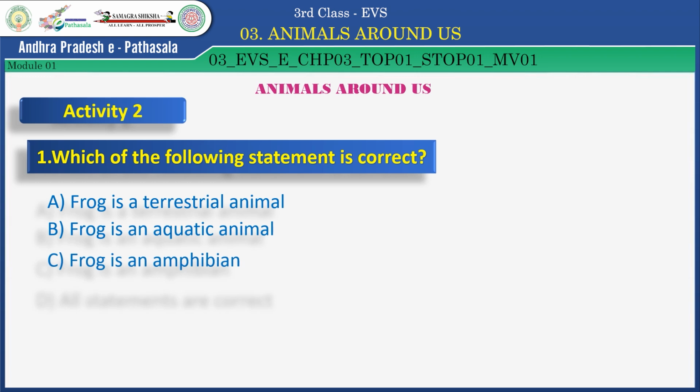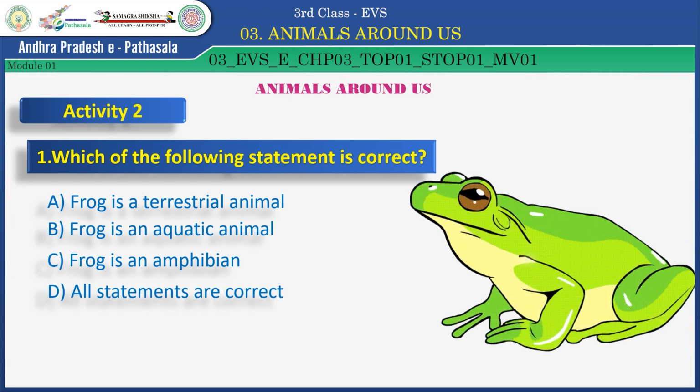Frog is an amphibian, which means lives both on land and water. All the statements are correct. Yes, frog is both terrestrial and aquatic animal. So we can say that frog is an amphibian. Yes, the correct answer is option C.